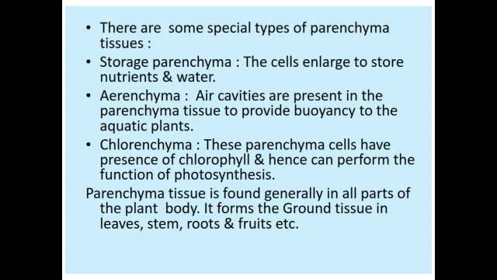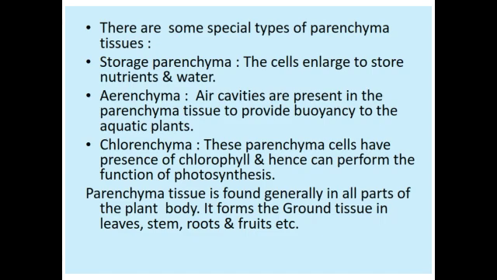The second type is aerenchyma. These aerenchyma cells have air cavities, and because of these air cavities, the plant floats in the water. That is, this parenchyma tissue provides buoyancy to aquatic plants. The plants which float in water do so due to the presence of this parenchyma tissue with air cavities. The third one is chlorenchyma.